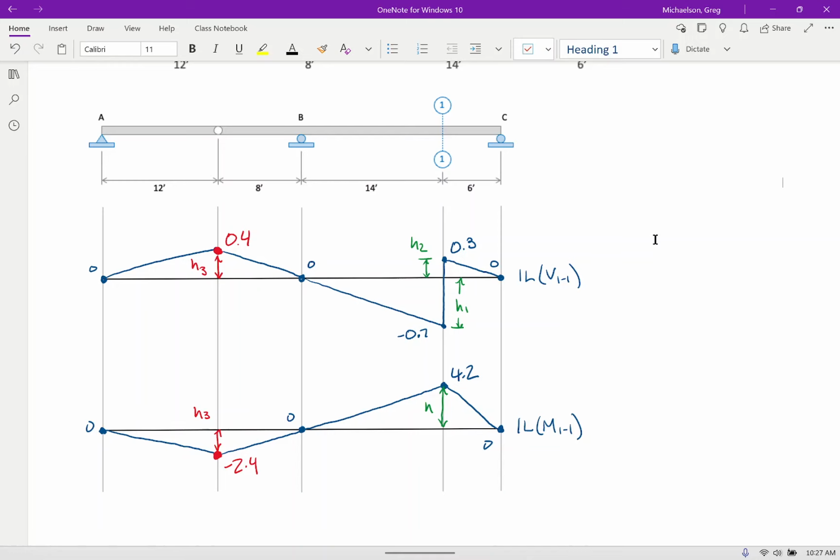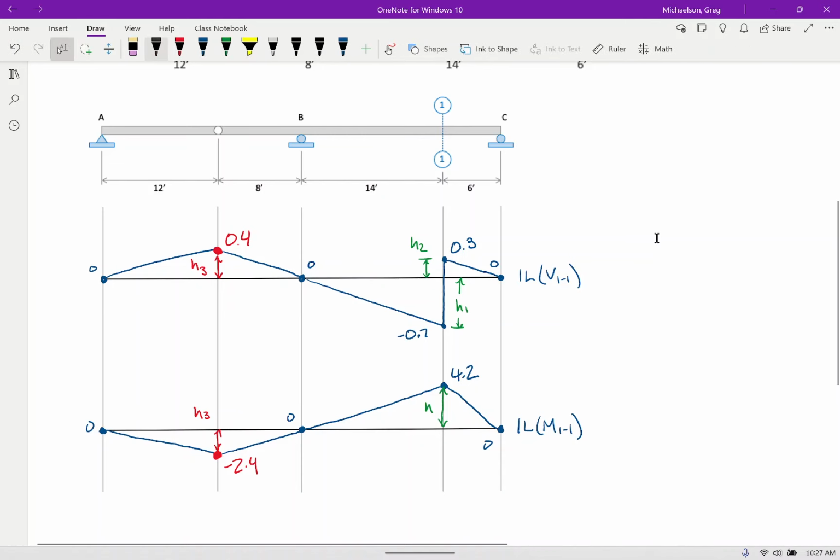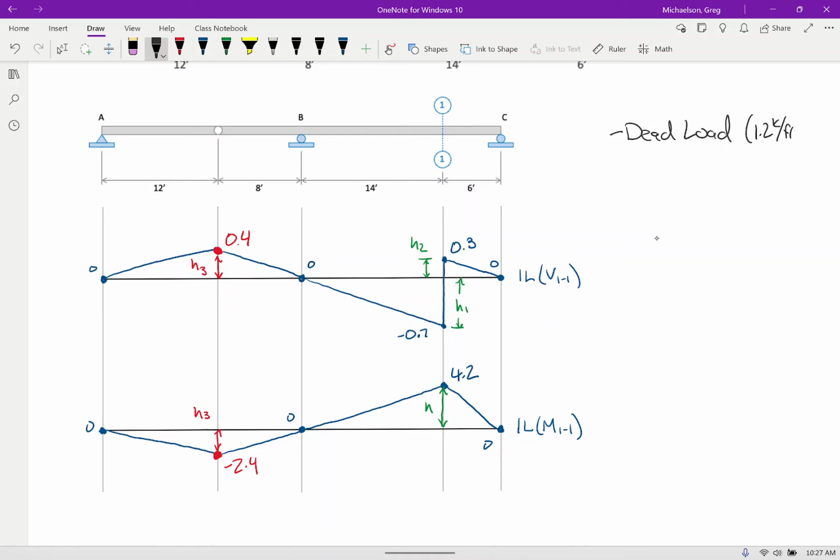So, how am I going to deal with the dead load? Let's do the dead load first. Actually, you know what? Let's not do that first. Let's do something a little different. Let's do some calculations on the side.